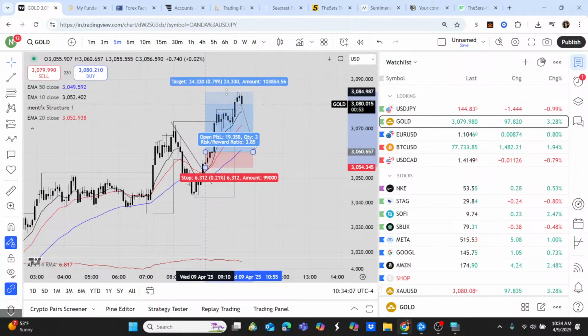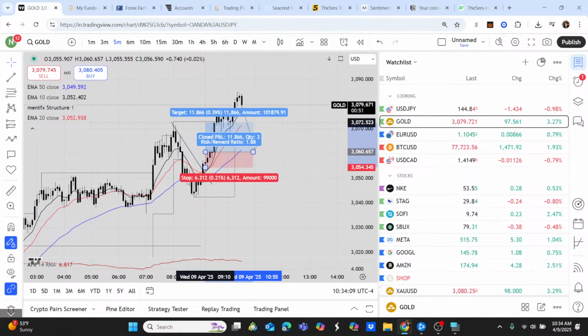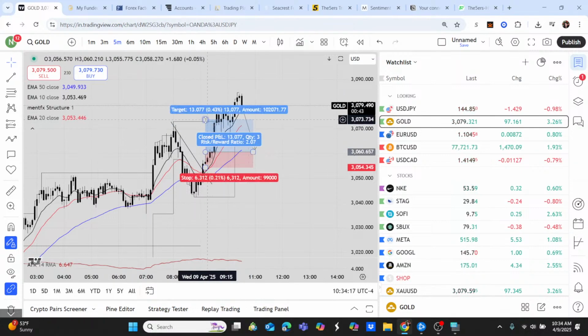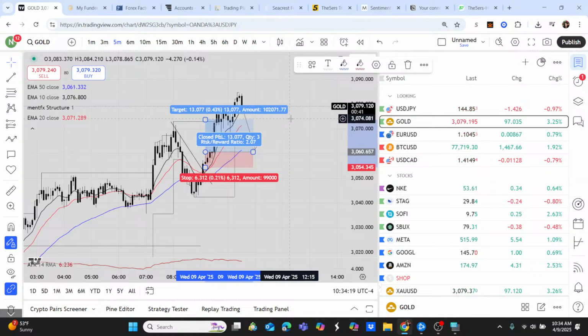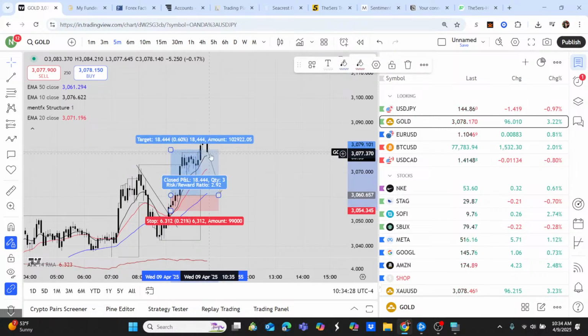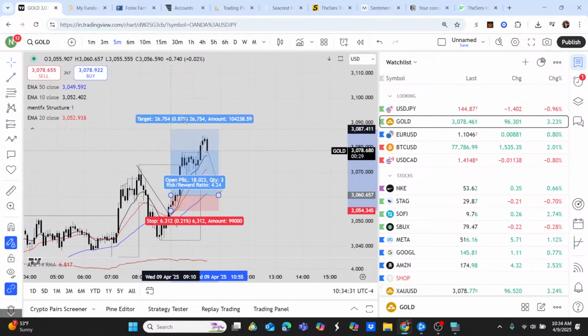Already up almost 4R, but it doesn't mean I'm gonna make 4R because of the rule. If it breaks the 20 right now, as long as it's above a 2R, take the trade. But at the same time, it can still make more of a move where it's pausing on that 10 or makes a huge rejection through that 10 and 20 and continues higher.